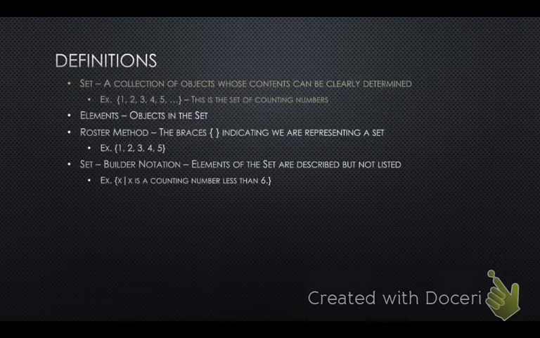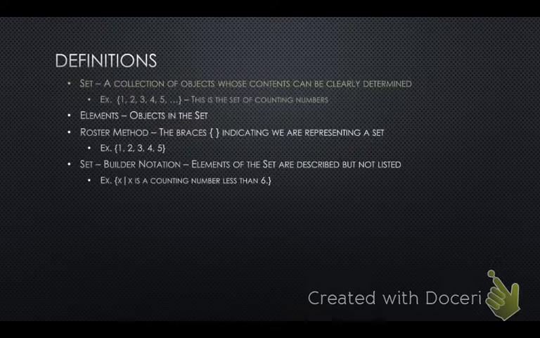You'll want to use builder notation whenever your set is really, really large. Whenever your set's really big and you have to describe it, you don't want to write out 100 different elements. You want to shorten that down by writing a description for it. If we had even numbers all the way up to 100, you don't want to write out 2, 4, 6, 8, 10, all the way up to 100.